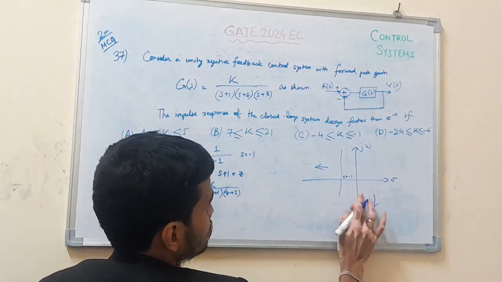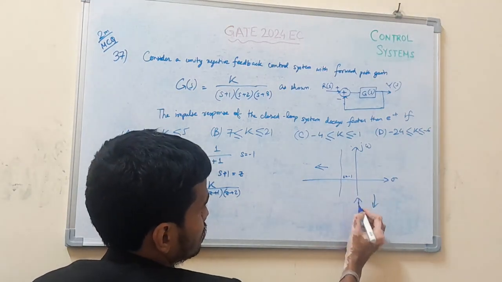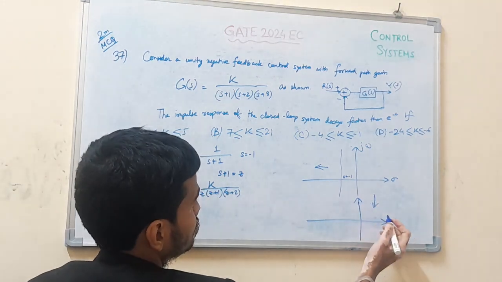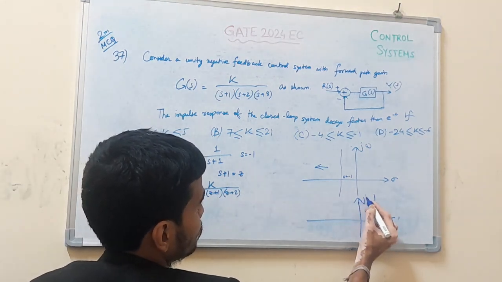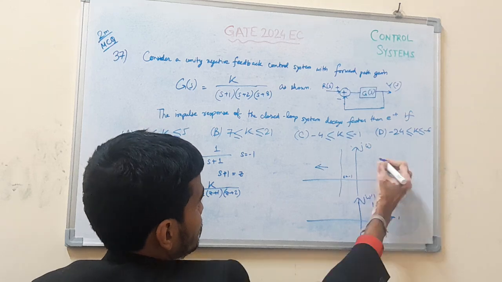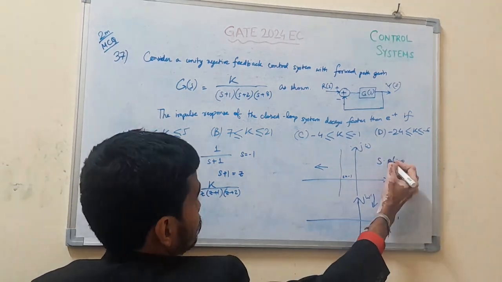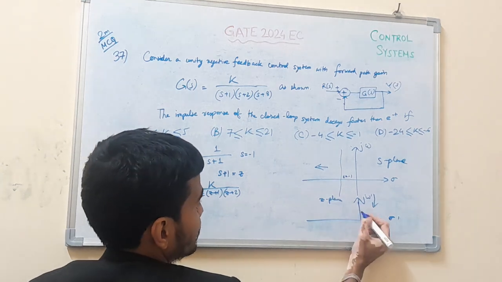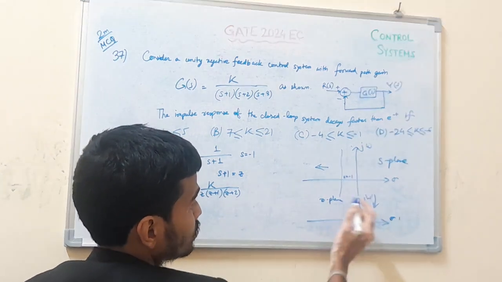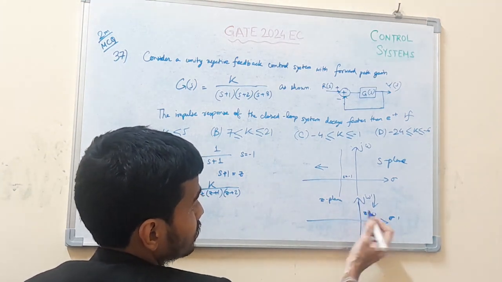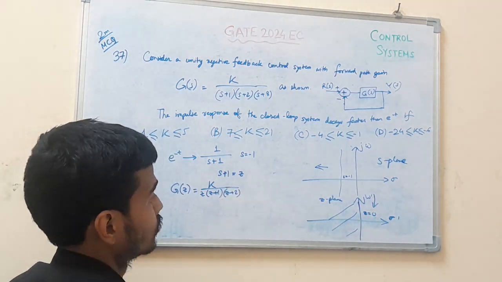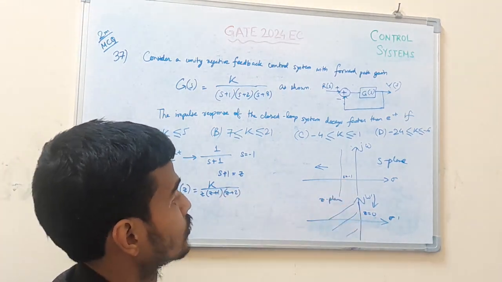To transform this by the substitution, this is the z plane, with sigma prime and j omega prime axes. The s plane gets converted to the z plane, and s equal to -1 maps to the line z equal to 0. So we need to find the poles to the left of z equal to 0.